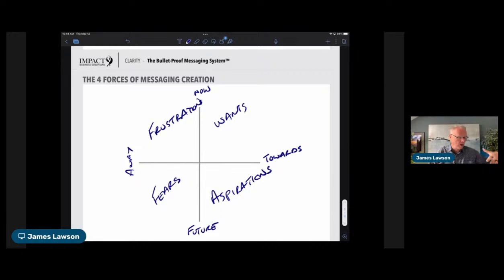So the way this would work is, a frustration for your prospect might be, hey, maybe I'm struggling to get some leads, or maybe I've got a cash flow problem. That's a frustration for me. My fear is that if I don't fix this problem, I'm going to go out of business. That's going to be the fear. The want for that frustration is I want to have a system for generating consistent leads every day, every week, every month.